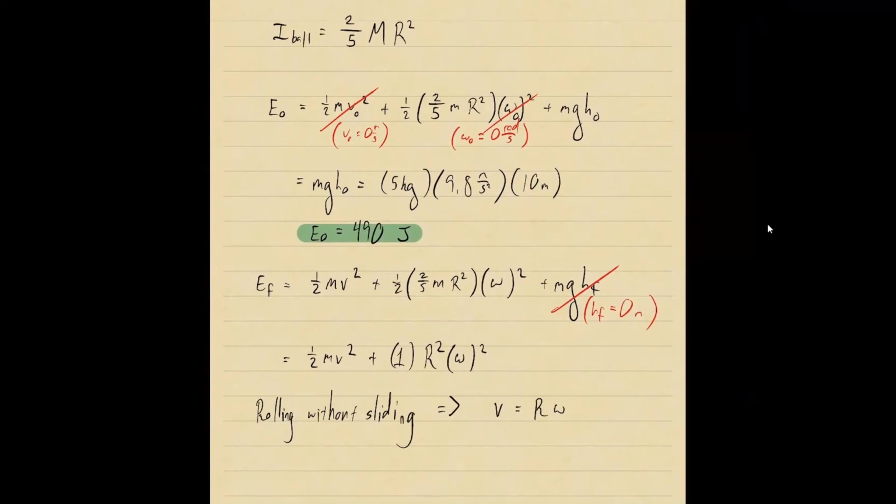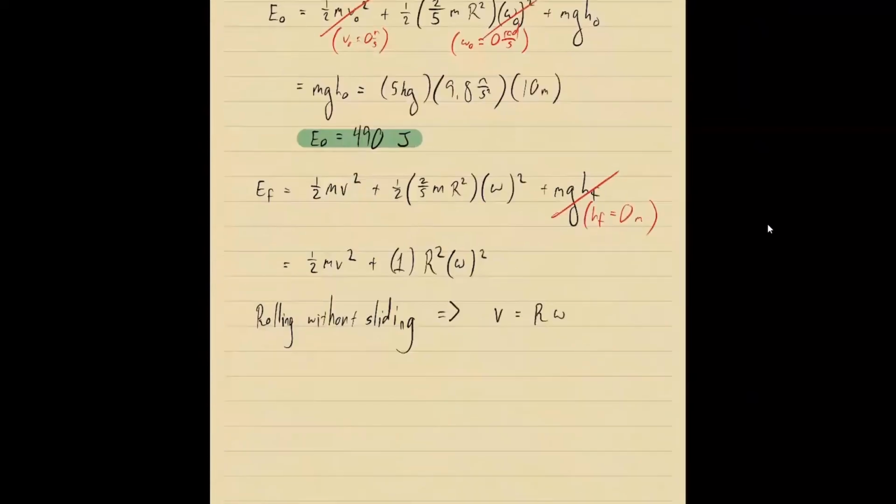So what we can do, we can take this and solve it for omega and then plug omega into there. So according to this, we know that omega is just v over r. And we plug it into here.